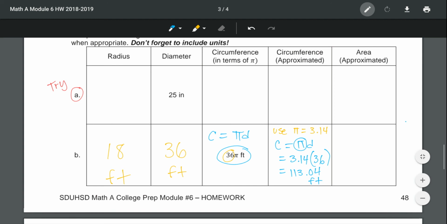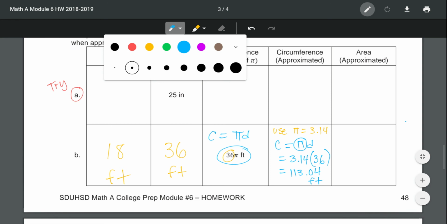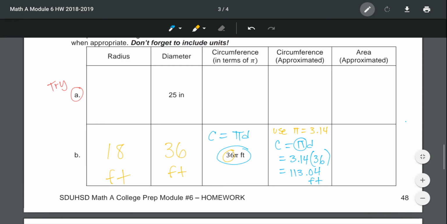Okay, for the area, remember the formula for area is area equals pi r squared. And r squared means r times r. So you can write the formula as pi times r times r, so you don't confuse it with 2 pi r. So it means r times itself.